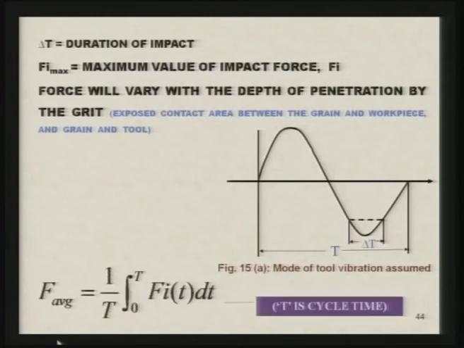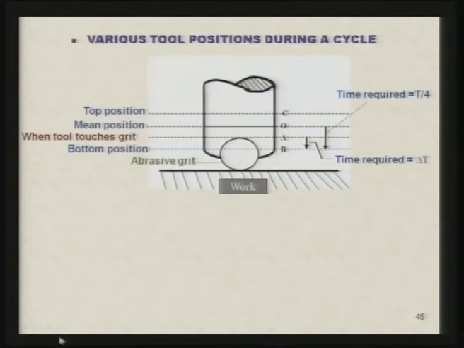This average force in this particular situation can be evaluated with the help of this equation. F average is equal to 1 upon T integration 0 to T Fi(t) dt, where T is the cycle time. Now, there are various positions of the tool during a cycle.